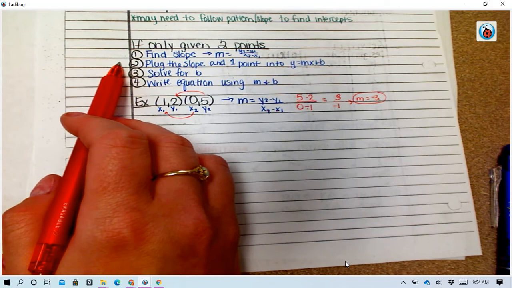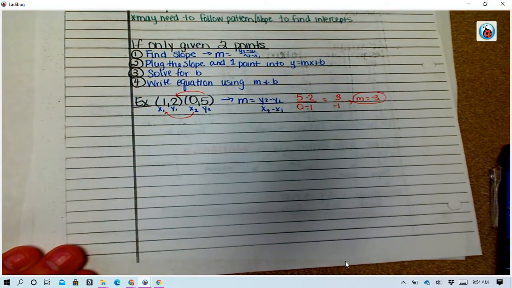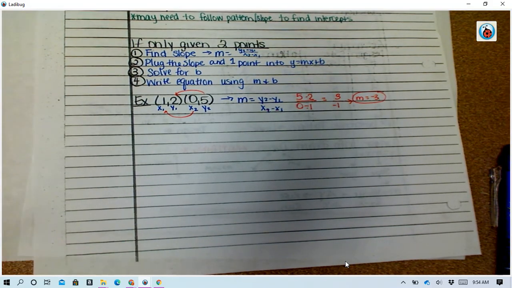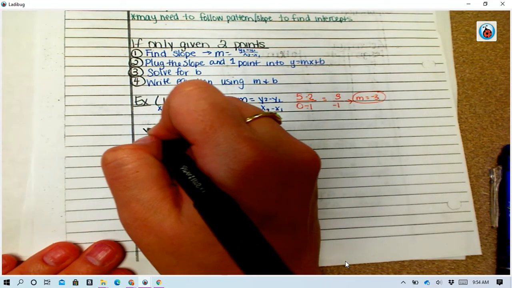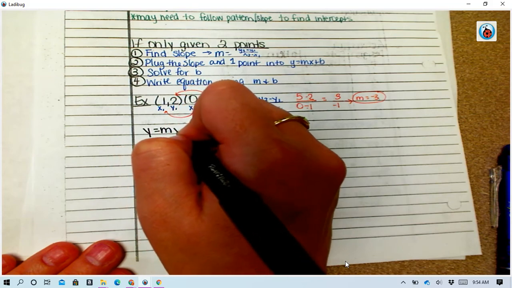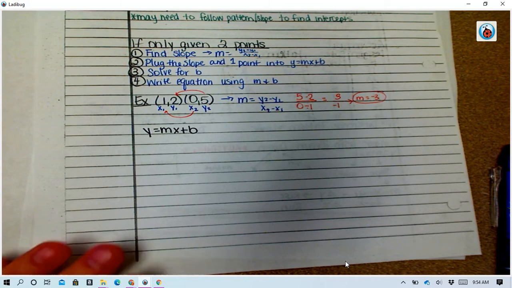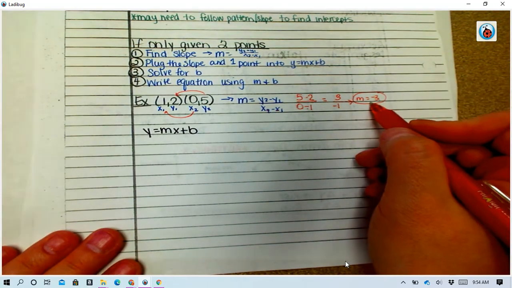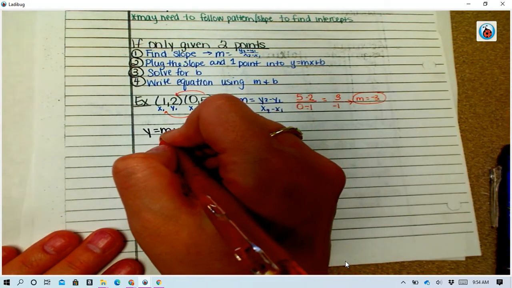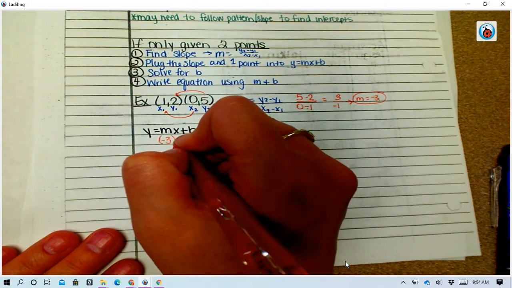Your second step is you're going to plug the slope and 1 point into y equals mx plus b. Now I show my work every time so you can see where everything is coming from. So y equals mx plus b. We already found out that our slope is negative 3. So instead of this m, we're going to plug in negative 3.